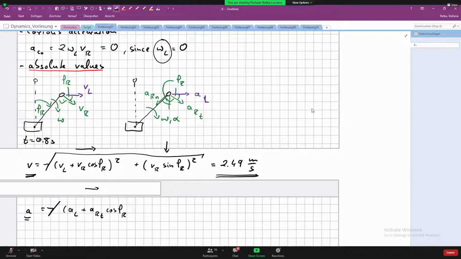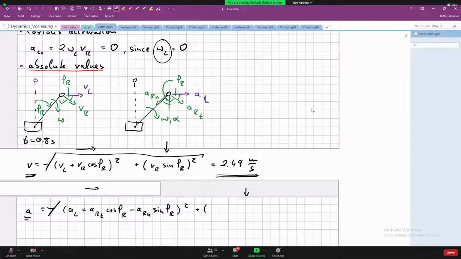AR cosine, and then the horizontal component of the normal relative acceleration points to the left. So it's negative minus ARN sine phi r, and we build the square root. Okay, and then the vertical component, I assume pointing downwards as positive direction.